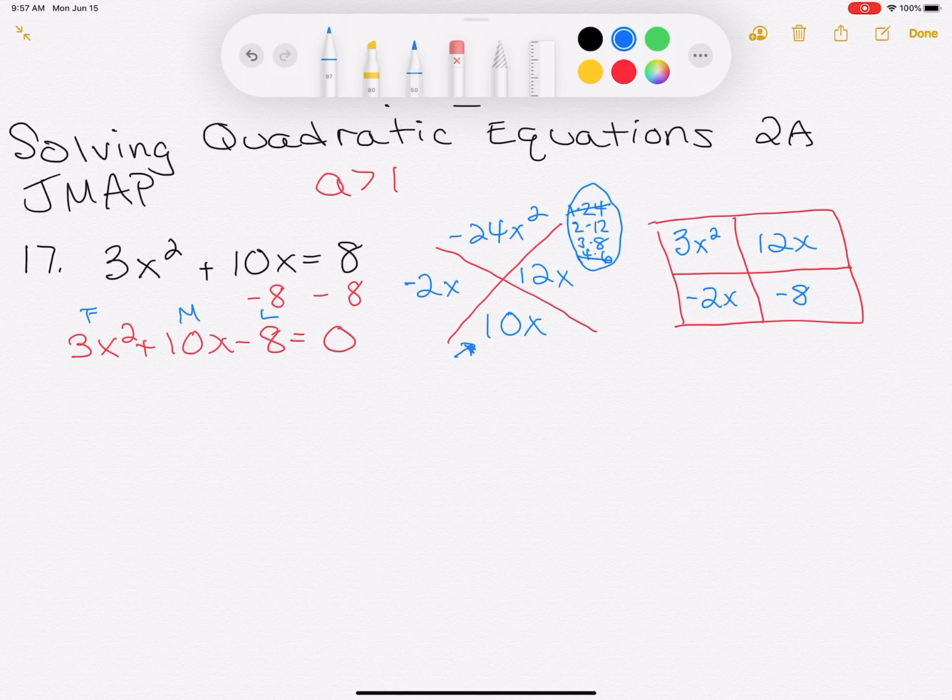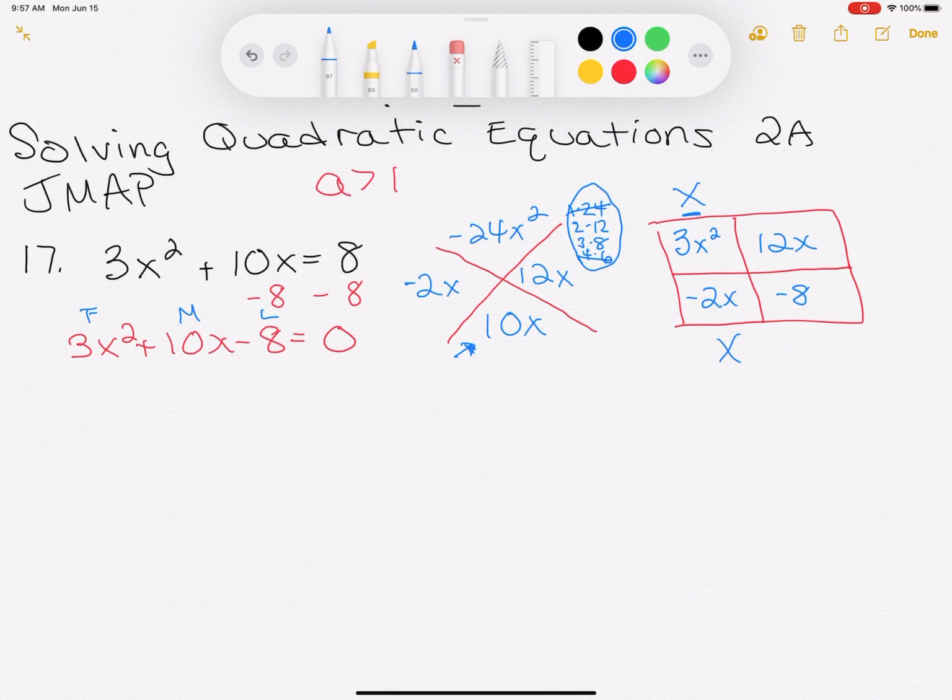Now it doesn't matter where you start, either the verticals or horizontals, where you pull out the greatest common factor. I generally start in this corner right here, and I know that at least is always going to produce an x as a common factor. So 3x squared and a negative 2x only have an x in common.